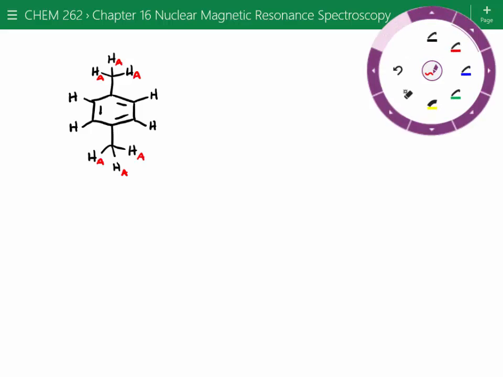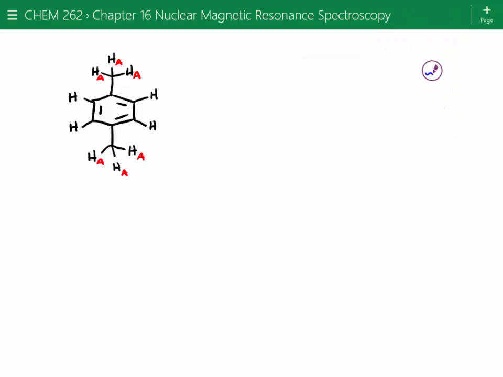All right, now let's move down to the next one. I'm going to label this HB. Are there any others like HB? Which one? Or which ones? Top left. Okay, so I'll label this HB. Are there any other like HB? Yes, the remaining 2. Even though they're not on the exact same carbon, they're all in the exact same chemical environment.